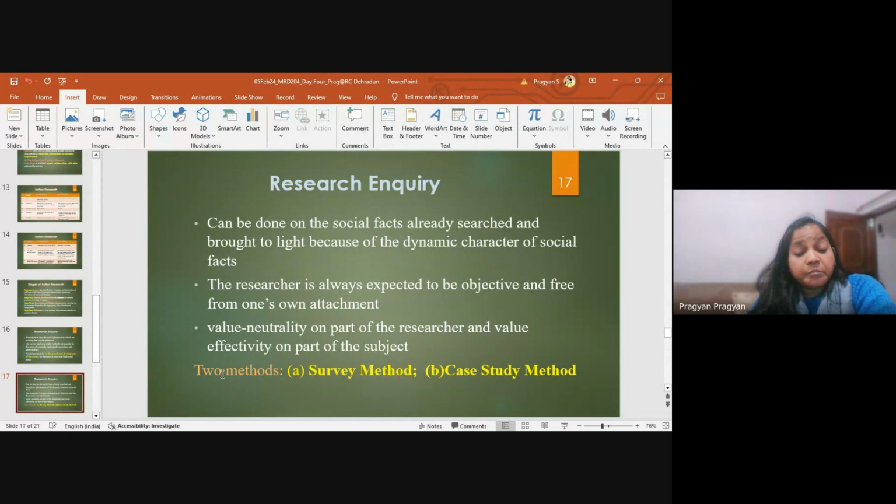While in the survey method, you study the extensive part of your subject or the community, so that you can get a complete understanding of that population. That means the survey method is the extensive method, and the case study method is the intensive method of research inquiry.